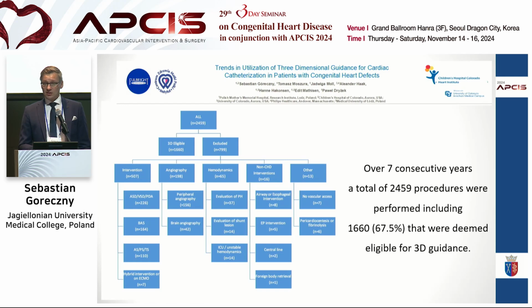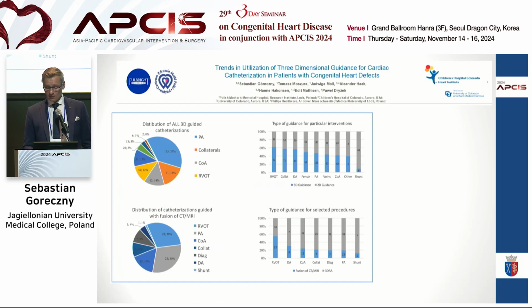So we had 1,600 patients that we thought were eligible for 3D guidance. The majority of cases where we used 3D guidance, either 3D rotational angiography or fusion of CT or MRI, were patients with pulmonary artery interventions, collaterals in single ventricle patients, coarctations, and right ventricular outflow tract interventions. And in certain interventions, like those on the right ventricular outflow tract, in more than 60% of cases we actually use 3D imaging.